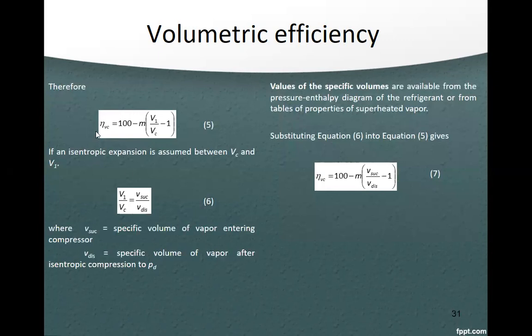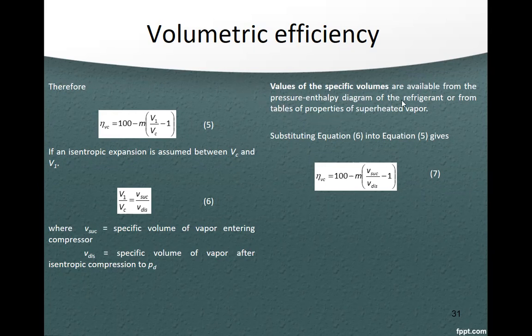Therefore, the clearance volumetric efficiency is 100 minus M times V1 over VC minus 1. If an isentropic expansion is assumed between VC and V1, then V1 over VC is equal to v suction over v discharge, where v suction is the specific volume of vapor entering the compressor and v discharge is the specific volume of vapor after isentropic compression.